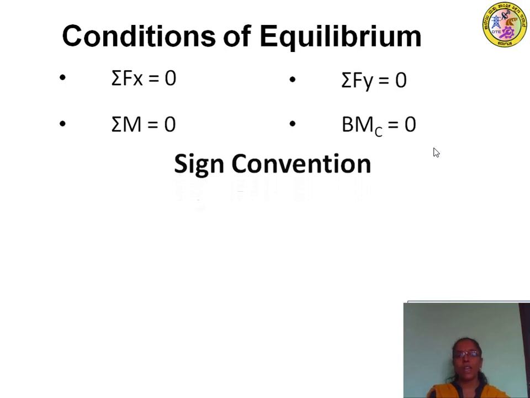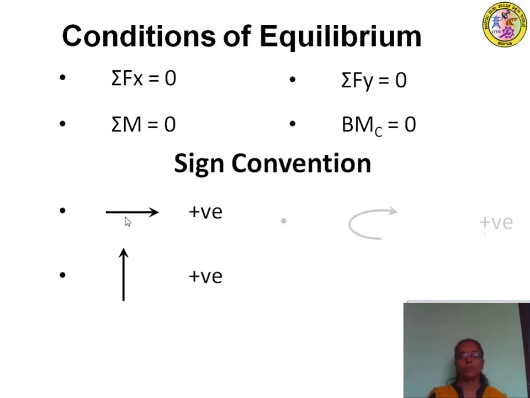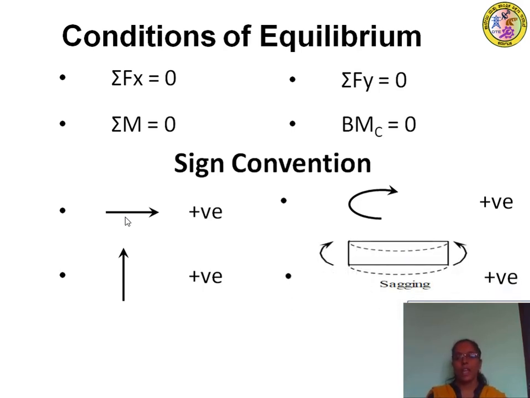And then what sign convention do we follow? The normal usual sign convention will be followed in the analysis. That is, the forces acting along the positive x direction are taken as positive, the forces acting in the upward direction are taken as positive, and the moments acting in the clockwise direction are taken as positive. Apart from that, sagging bending moments are taken as positive.